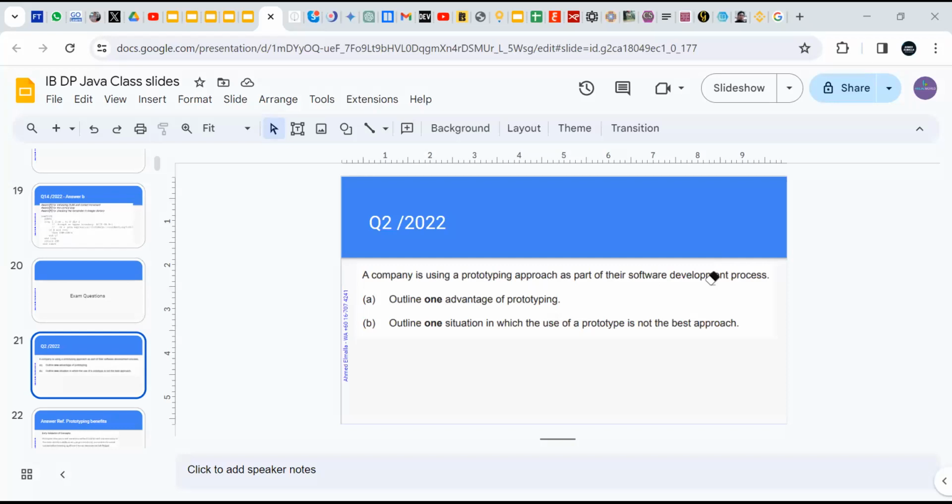And from there, they are able to say, okay, there is a risk, or they can continue or not continue, and so on. So tell me now one situation in which a prototype is not the best approach.